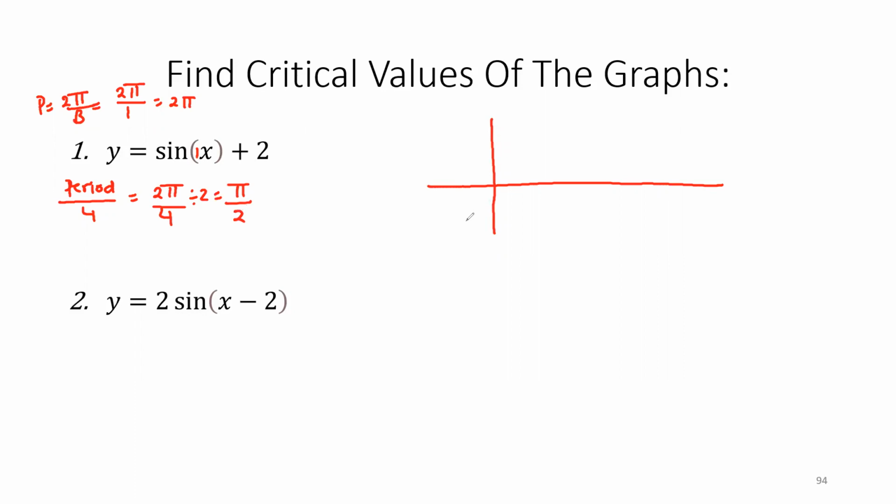What that means is you start at pi over 2. Your first x value will be pi over 2, and then you keep adding pi over 2 until you stop at your period, 2 pi. So what's pi over 2 plus pi over 2? 2 pi over 2, which is pi. Then pi plus pi over 2 is 3 pi over 2.